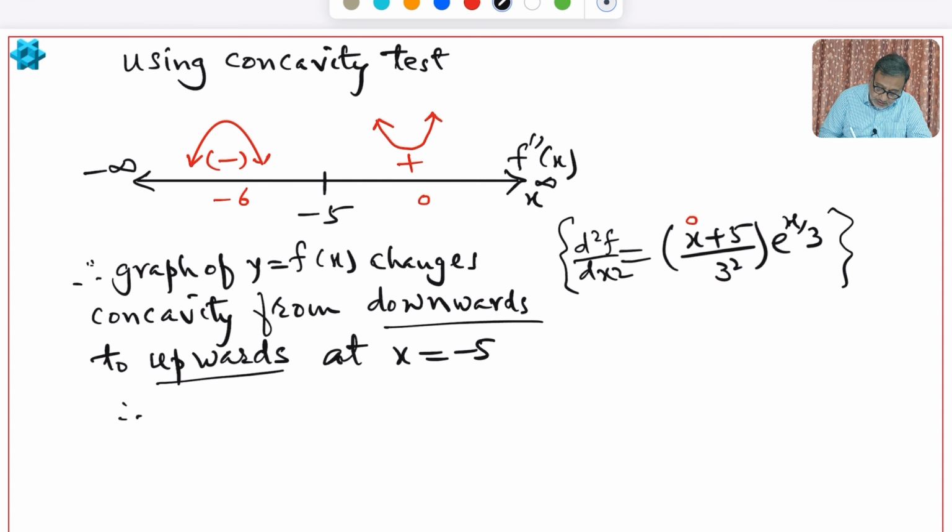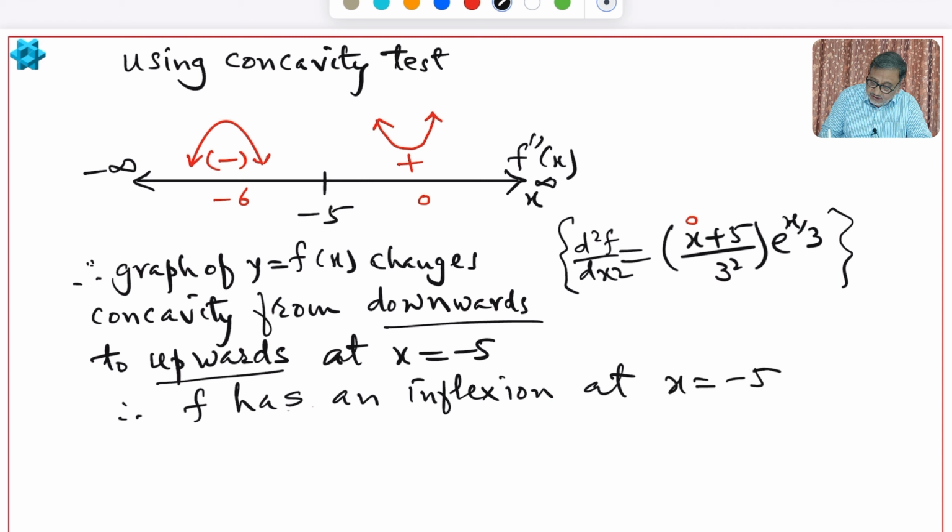Therefore, f has an inflection at x is equal to minus 5, and for that we will find the y coordinate.